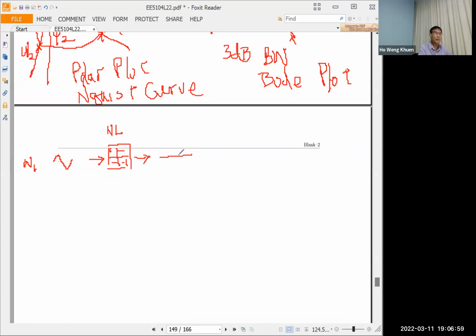Now, can someone tell me what you see on the oscilloscope? What will you see if I connect the output to the oscilloscope, if the input is a sine wave?